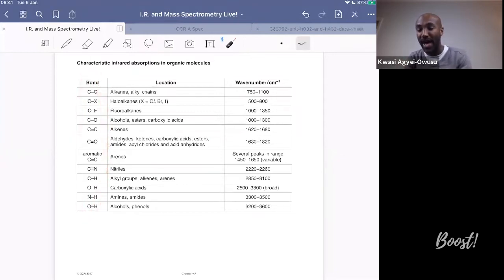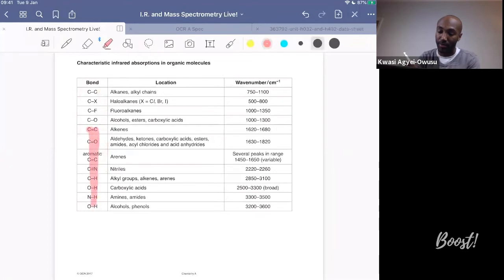What we want to focus on are these bonds, starting from our carbon-carbon double bond all the way down to the OH bond of alcohols and phenols. These are the very important bonds that we need to be able to identify in an infrared spectrum.